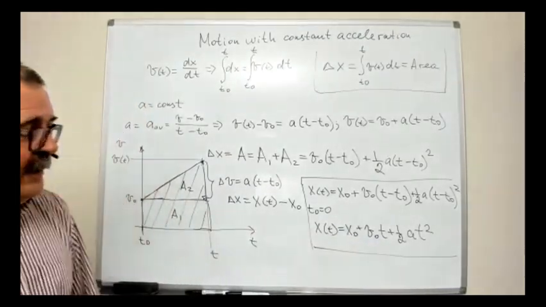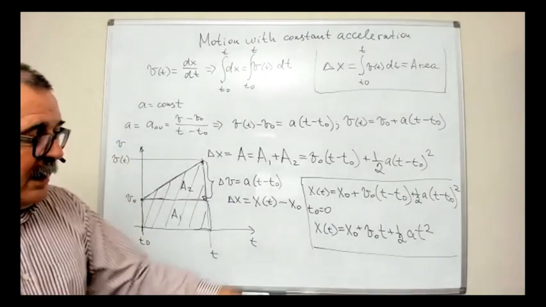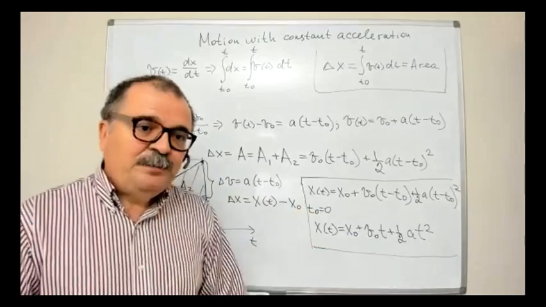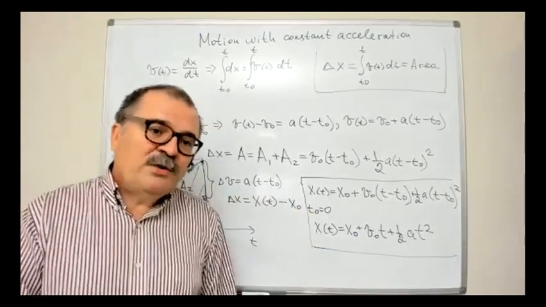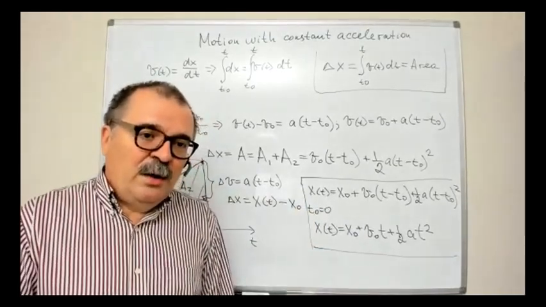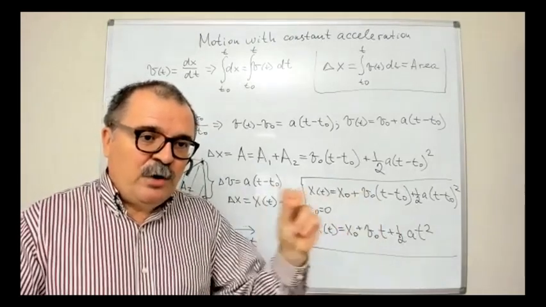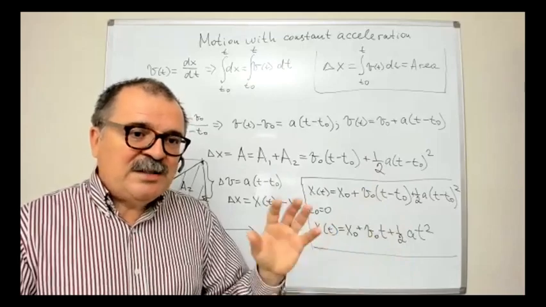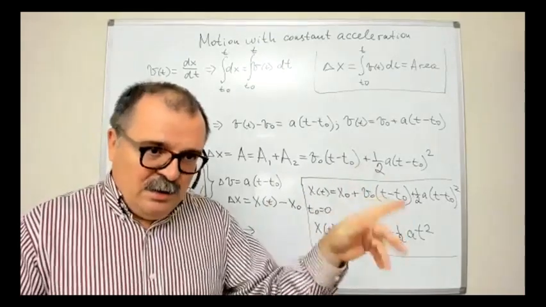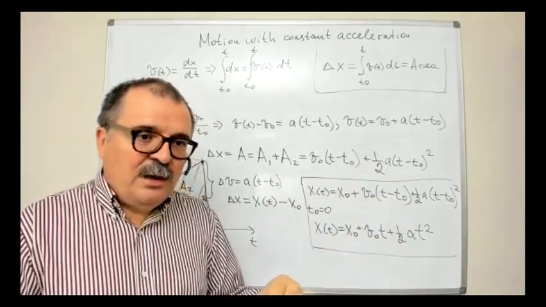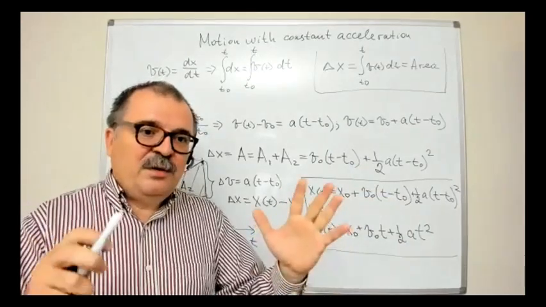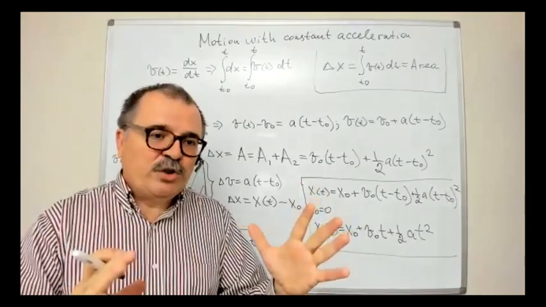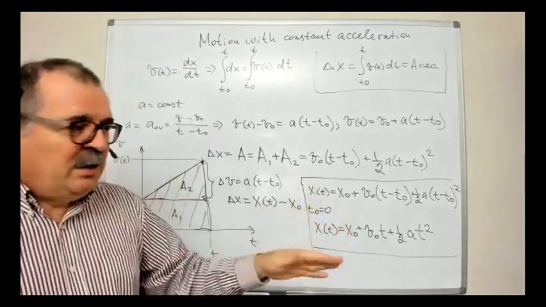Okay, thank you. Yeah, and the importance of this result is that, as I said, this formula describes motion of the object near the surface of the Earth, so-called projectile motion. We will discuss this motion in detail next lecture, because in the general case, the motion near the Earth is a three-dimensional motion.